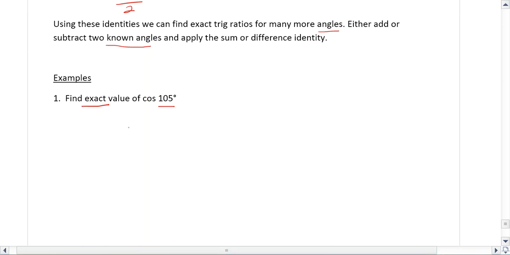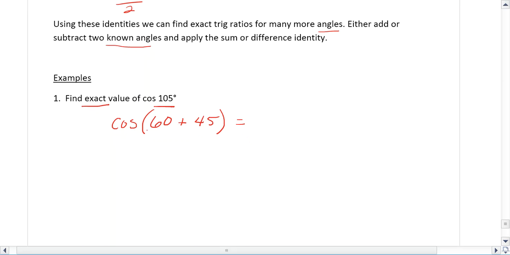There are probably many different ways to come up with 105, but I happened to notice that 60 degrees plus 45 degrees does add up to 105. So that's the one I'm choosing to work with. There are ways to subtract and get 105, and if you come up with a different combination, totally fine. Now we look at our pink sheet and follow the identity for cosine of alpha plus beta, and enter the 60 and the 45.